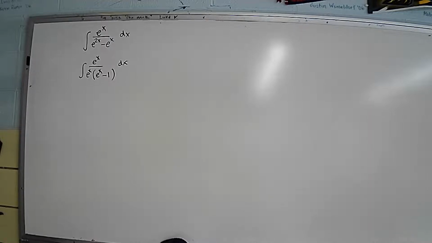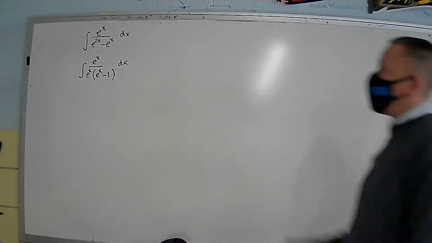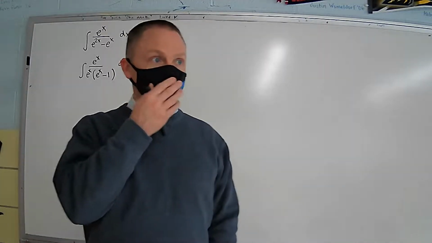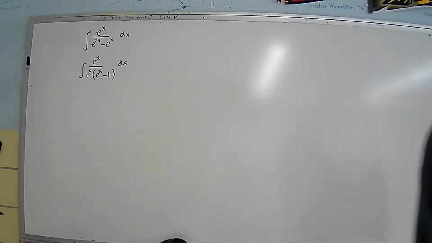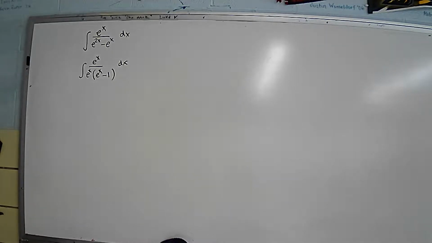Maybe you're thinking, oh, I can just cancel those e to the x's. But you actually don't want to do that, because then you're just left with 1 over e to the x minus 1, and we don't know how to do that.